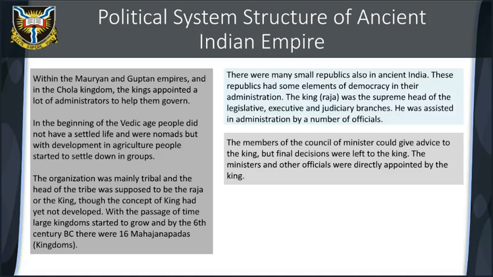The king, that is Raja, was the supreme head of the legislative, executive, and judiciary branches. He was assisted in administration by a number of officials. The members of the council of ministers could give advice to the king, but final decisions were left to the king. The ministers and other officials were directly appointed by the king.